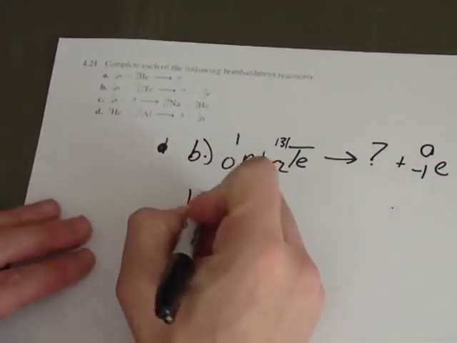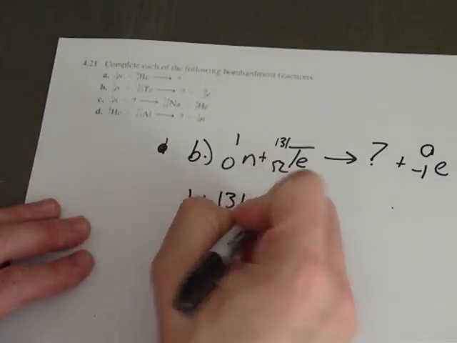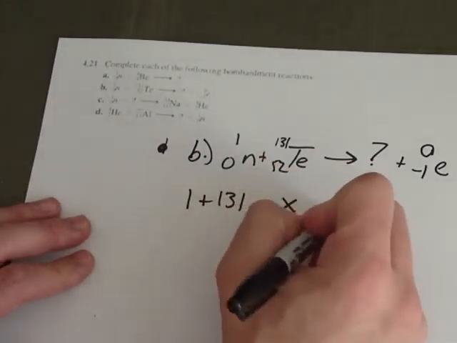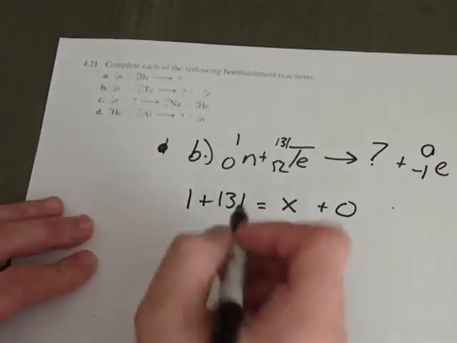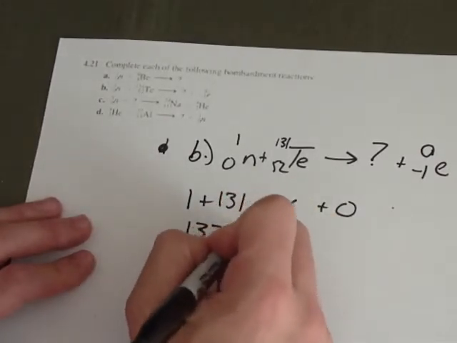So 1 plus 131 must equal x plus 0 for our mass number. So we balance out our mass number: 132 is equal to x.